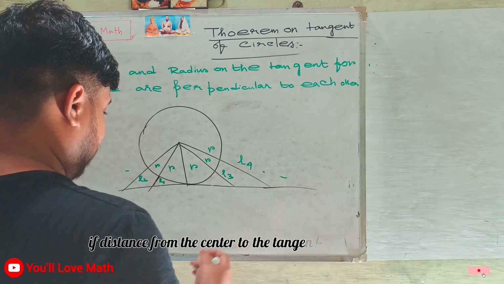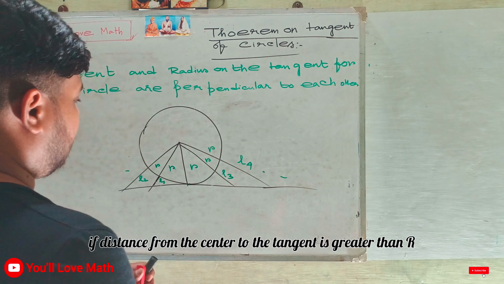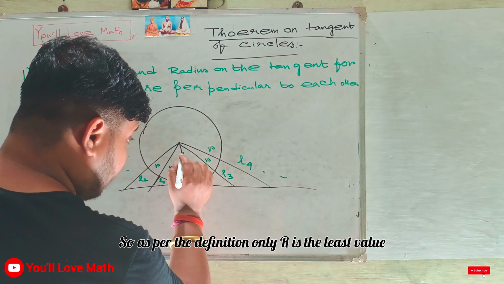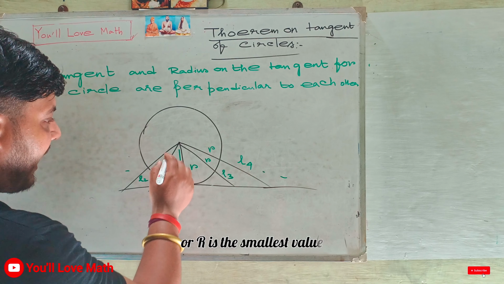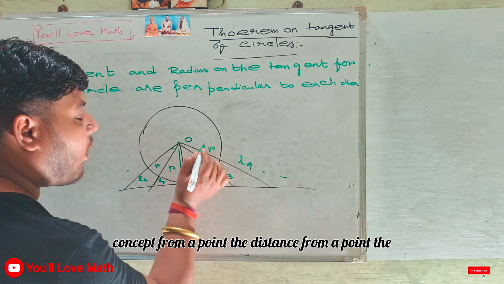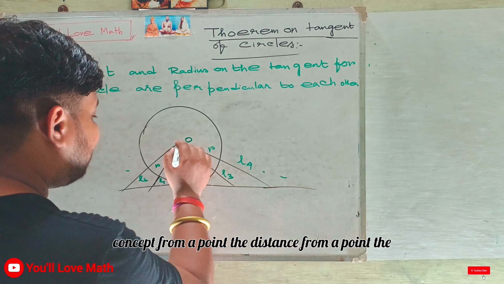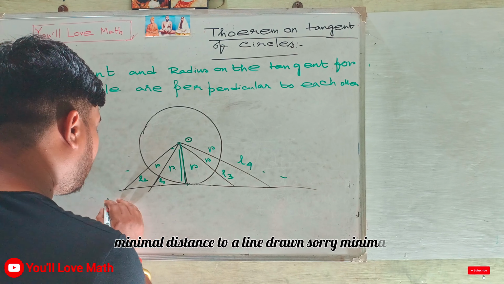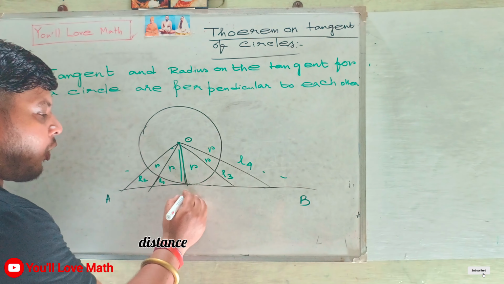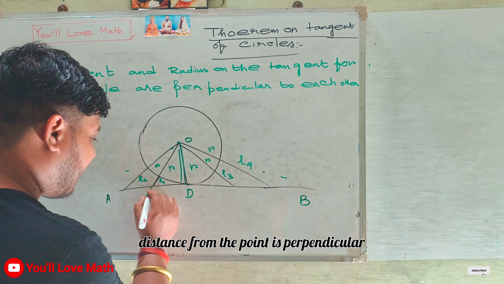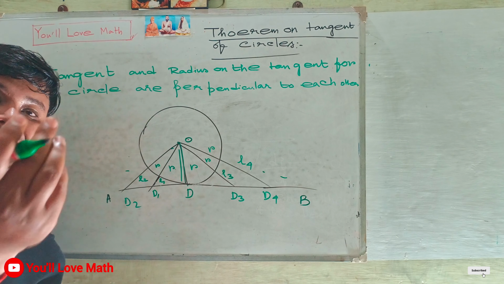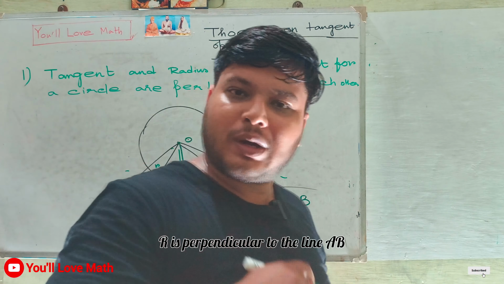So every distance from the center to the tangent is greater than r. Only r is the smallest value. Since r is the smallest value, the minimal distance from the point to the line is perpendicular to the line. So r is perpendicular to the line AB.